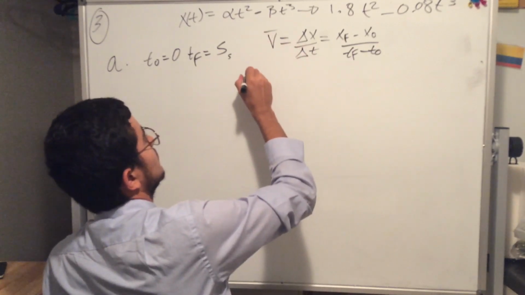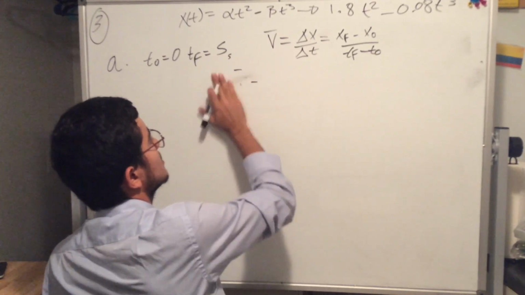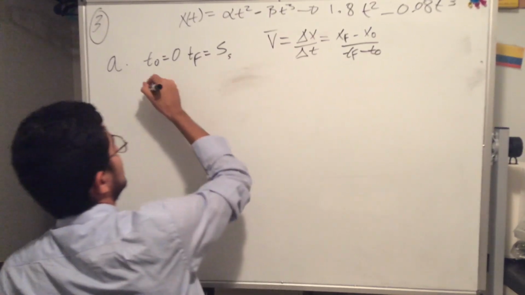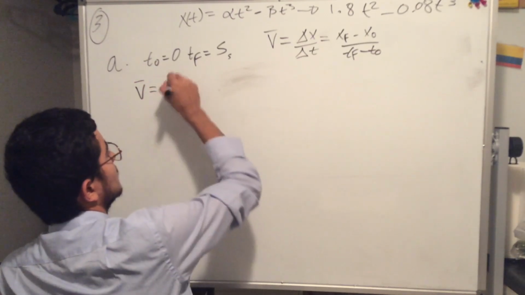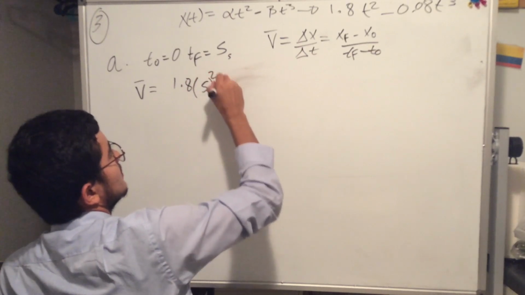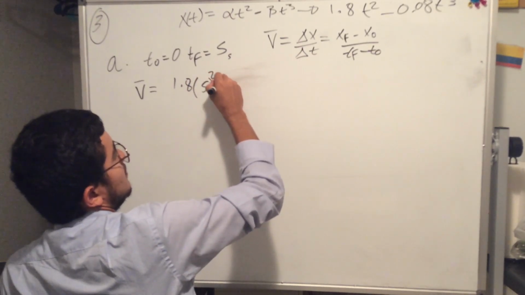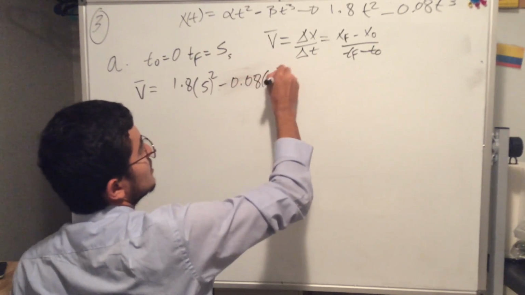So let's do the average velocity, let me actually do it more to the left so there's more space. So average velocity is equal to 1.8 times 5 squared minus 0.08 times 5 cubed.